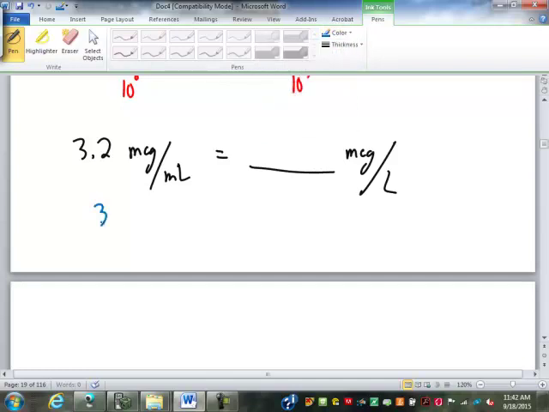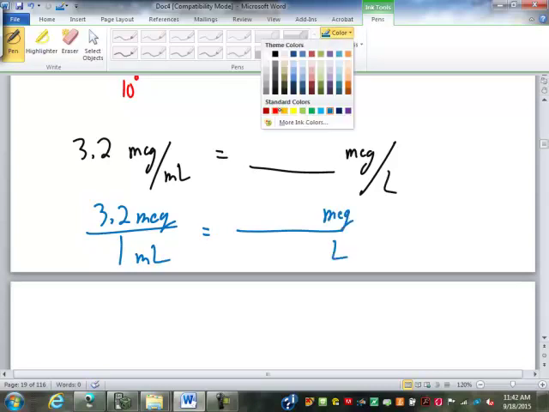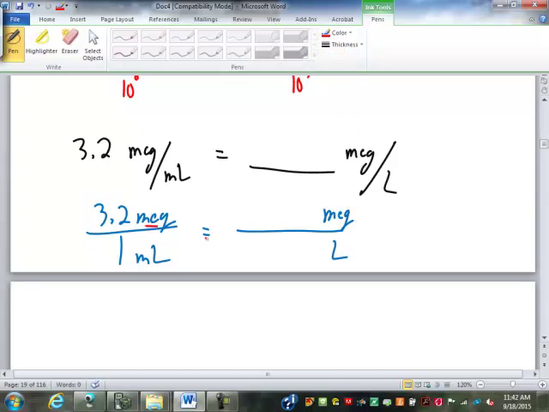So we're going to set this up. 3.2 micrograms per 1 milliliter. Converting to micrograms per liter. The micrograms don't change, do they? So that's going to stay 3.2.